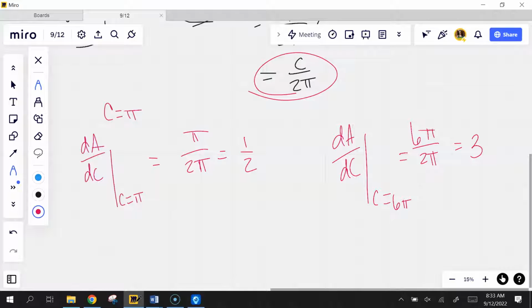and D was just a units question. It said, if C is measured in inches and A is measured in square inches, what units would be appropriate for the derivative of A with respect to C? So it said area is in inches squared, circumference is in inches. So what would my units for both of these be?